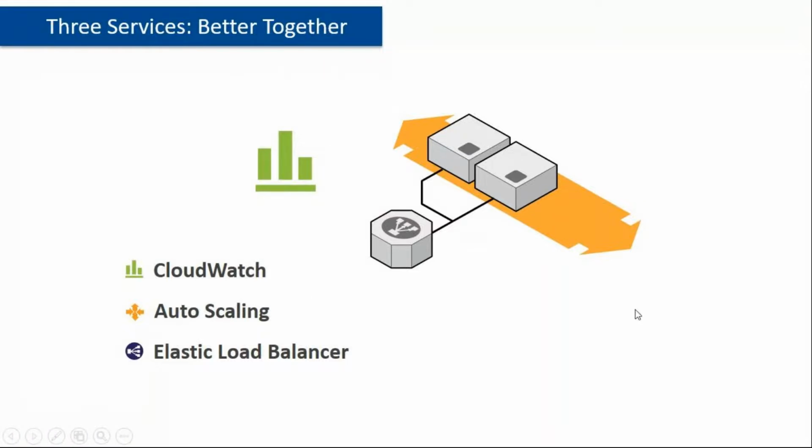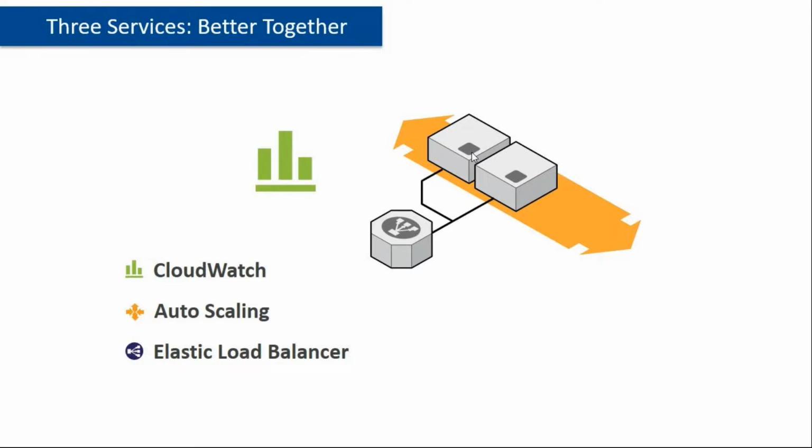For example, CloudWatch detects that your CPU percentage goes higher than 75%, then auto scaling automatically creates a new instance, keeping your machine workload in check, and the elastic load balancer will route traffic to both instances so that one resource is not choked or shut down due to heavy workload.